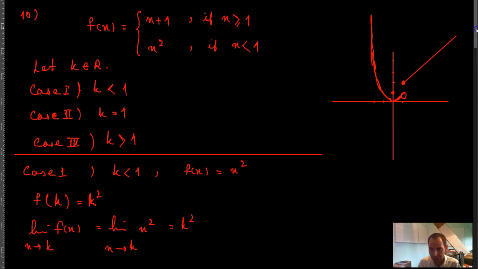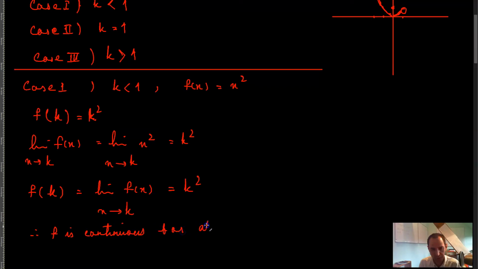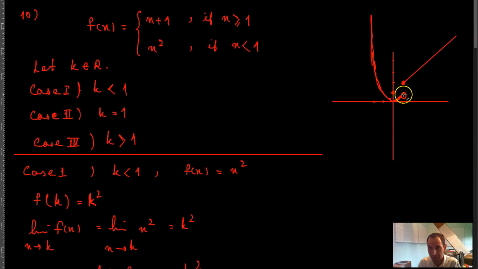So as you can see, f of k is equal to the limit of f of x as x tends to k, which is k squared, and therefore f is continuous for all k less than 1. You have no problem there.